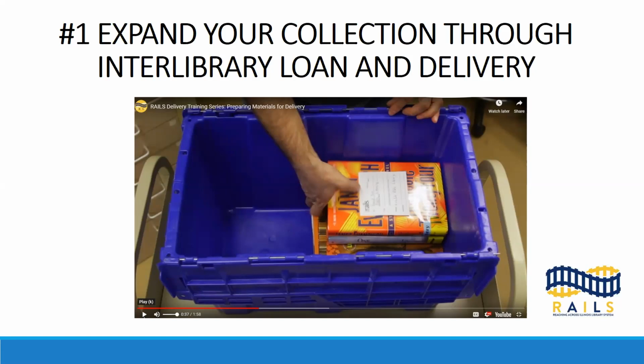But I'm not going to go into too much detail. If you want to know more about the delivery side of things, we also have training videos on our website, which talk about things like preparing materials for delivery, ordering delivery slips. So you can check that out. It's railslibraries.info, and then look for the delivery side.